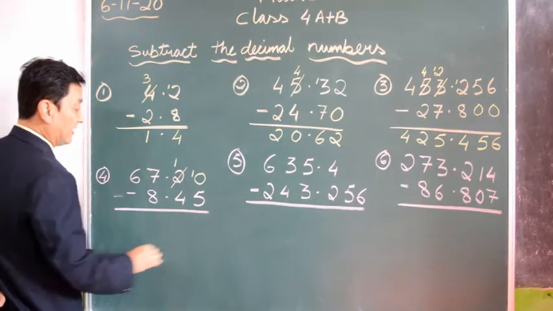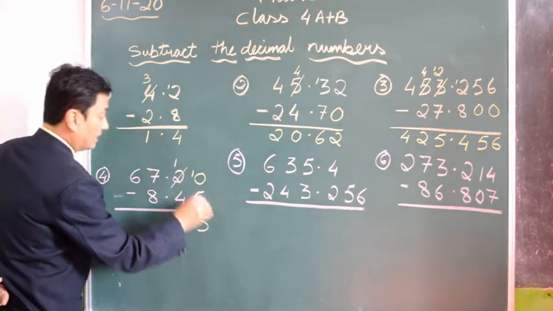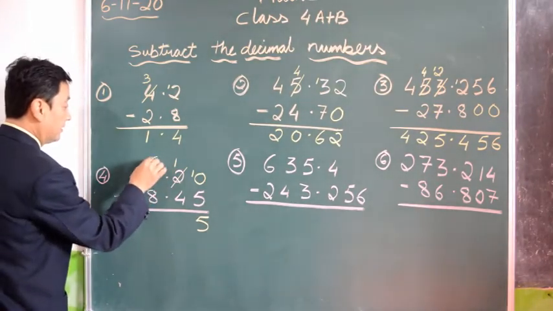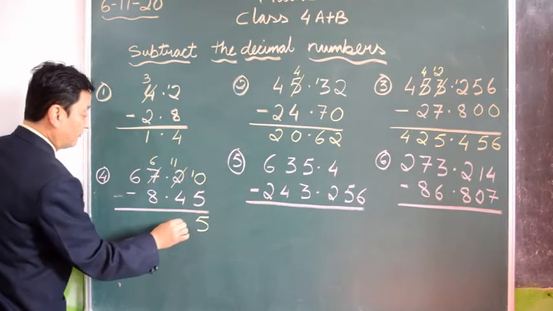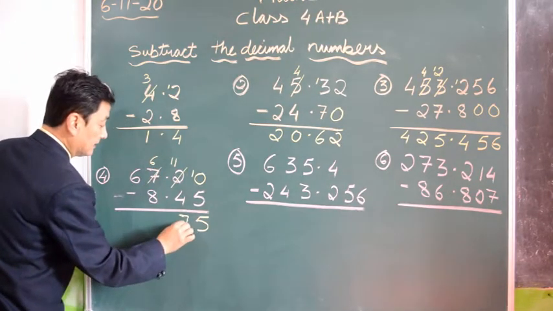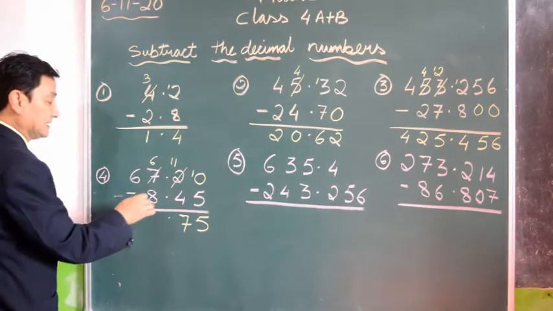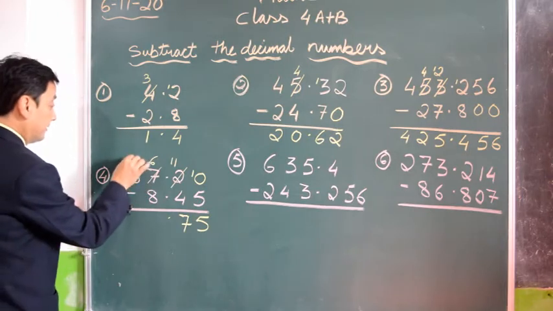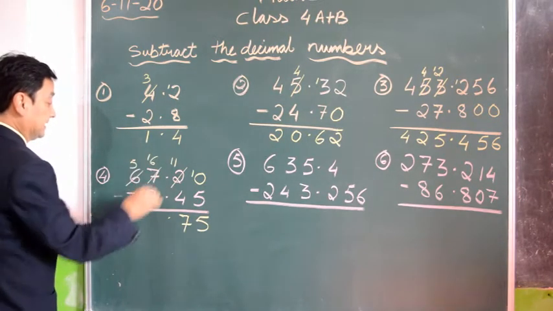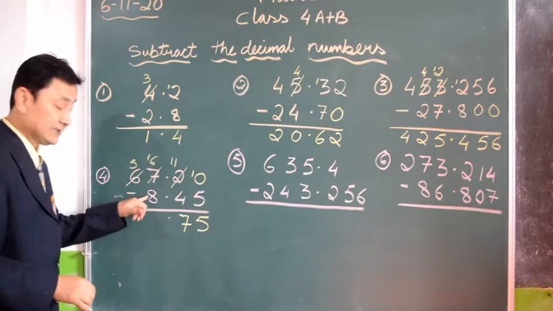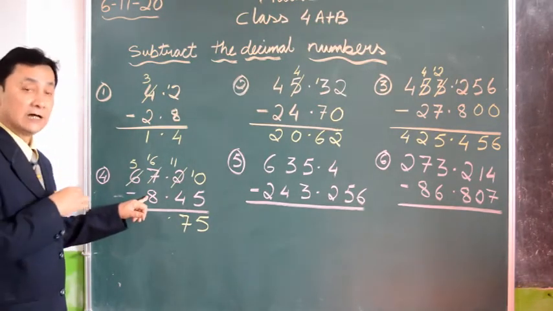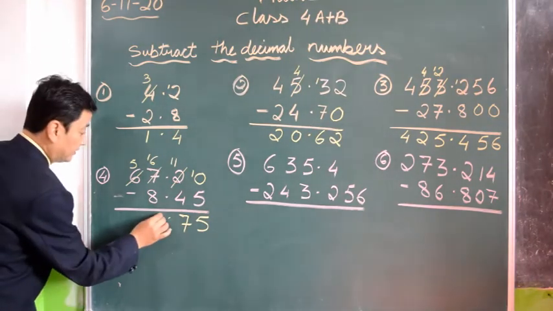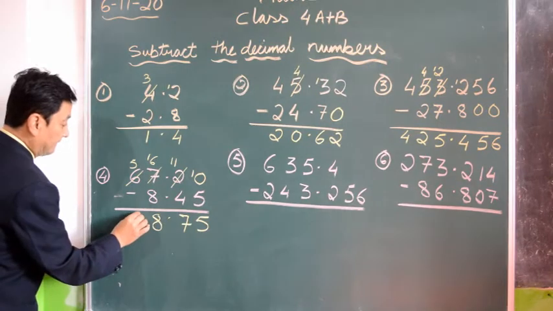Now 10 minus 5, 5. 1 minus 4, the top number is small, so we borrow. 11 minus 4, 7 point. 6 minus 8, the top number is smaller, so we borrow. 16 minus 8, 8.